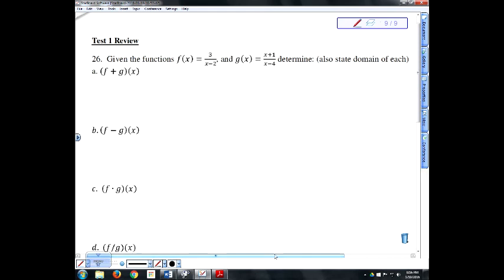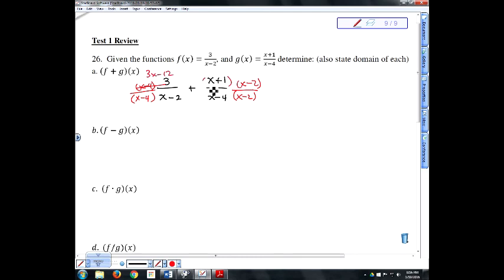Okay, adding these two functions, they can only be added if they have a common denominator, so this side needs to be multiplied by x minus 4 over x minus 4. This side needs to be multiplied by x minus 2 over x minus 2. Now, here in the numerator, we're going to get 3x minus 12.